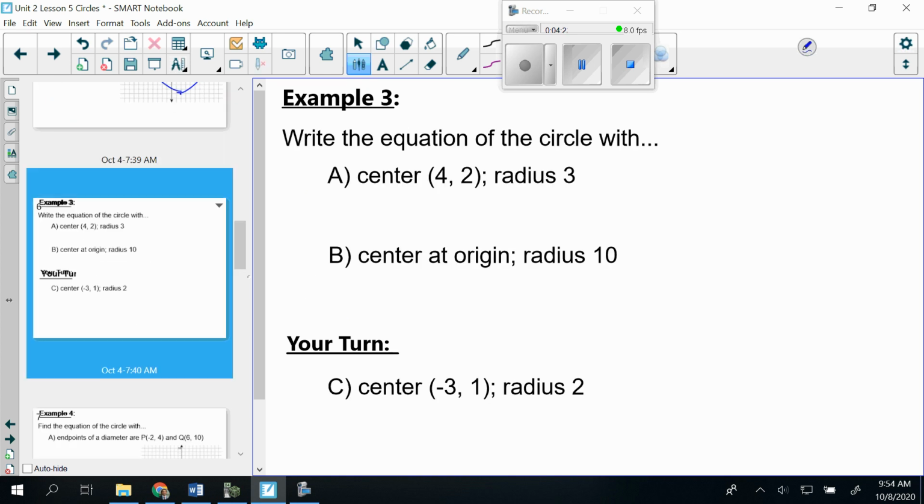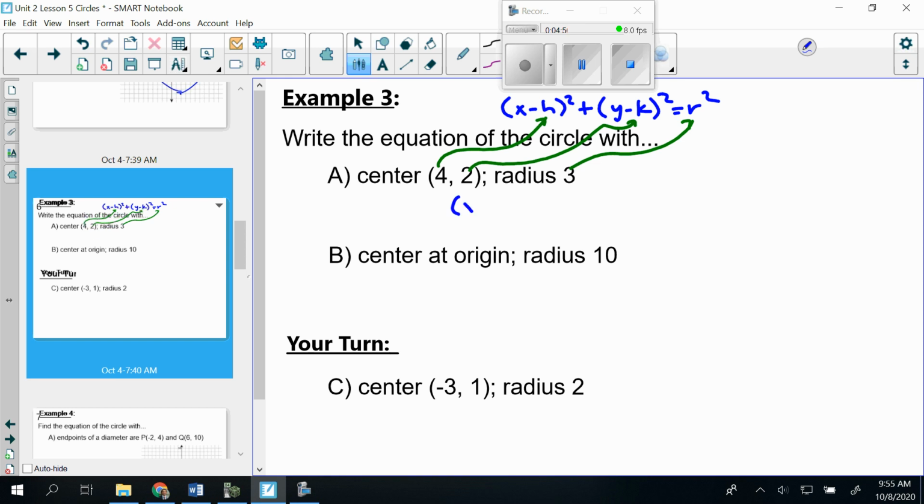Example 3, write the equation of a circle with these things. So here they tell us the center and radius. They want us to write the equation. Again, you've got to know the equation that we had before looks like this. So if we plug in our center points for these, and our radius there, we should be able to write out the equation.